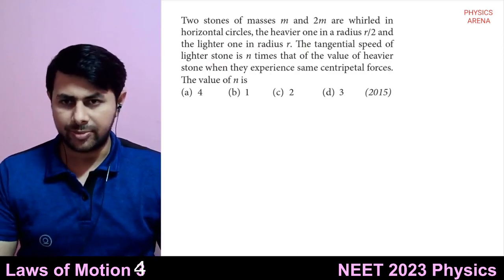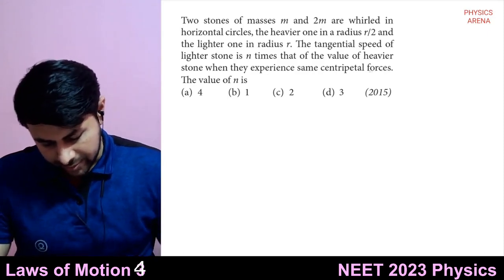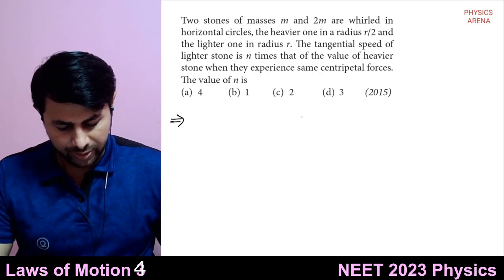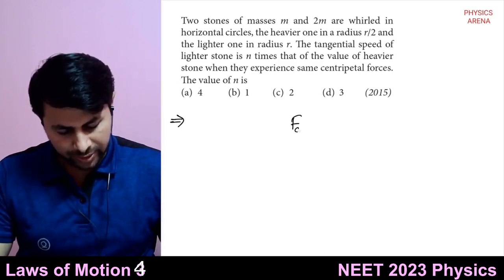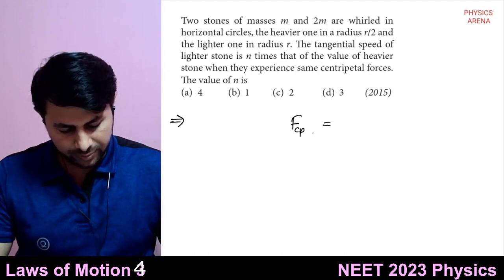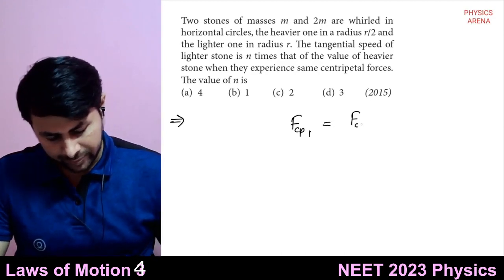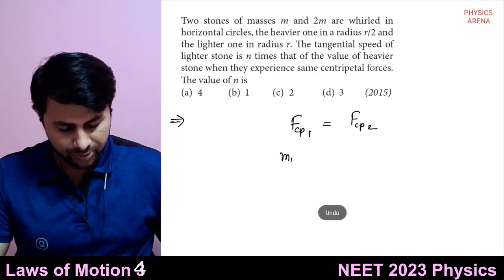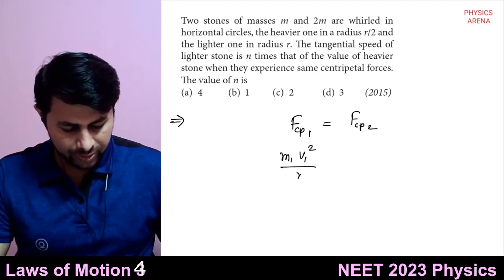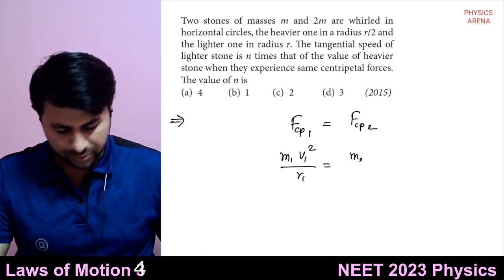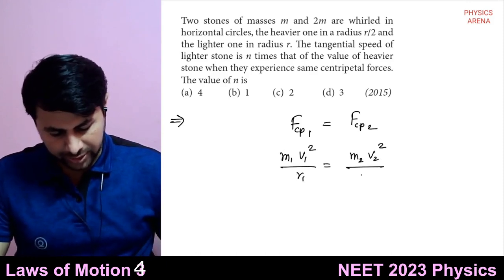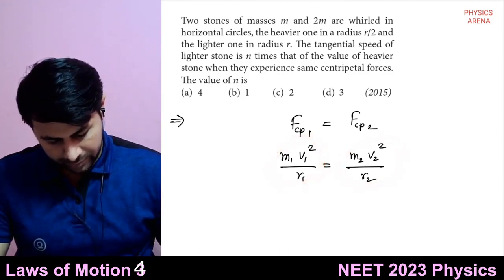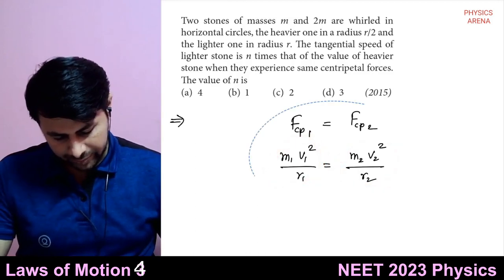So the centripetal force for the first one is equal to that for the second one. Let's call it m1 v1 square upon r1 is equal to m2 v2 square upon r2. Suppose this is the lighter one, this is the heavier one.